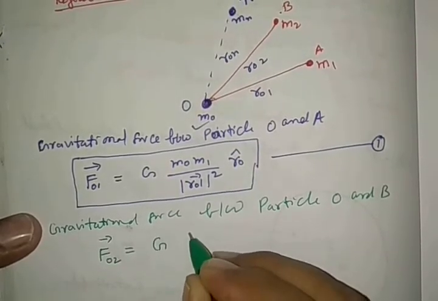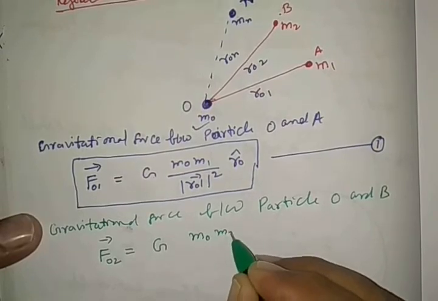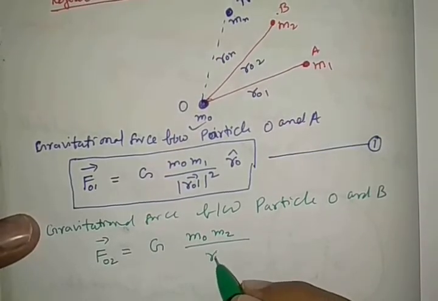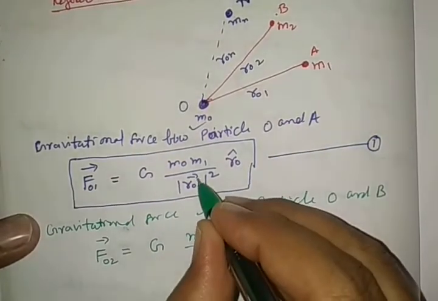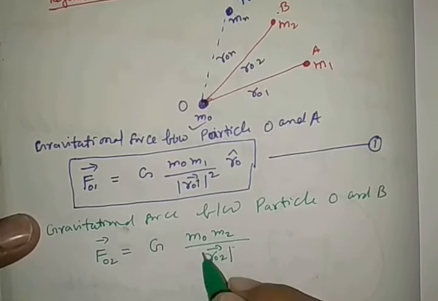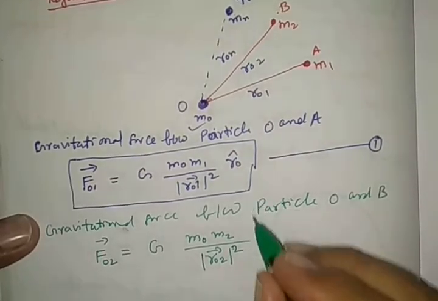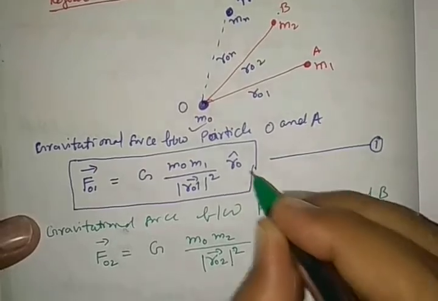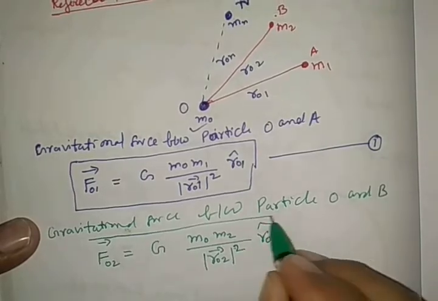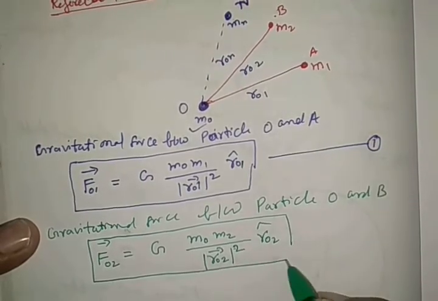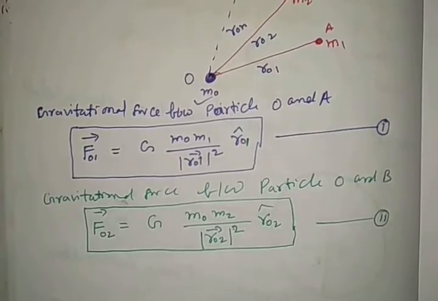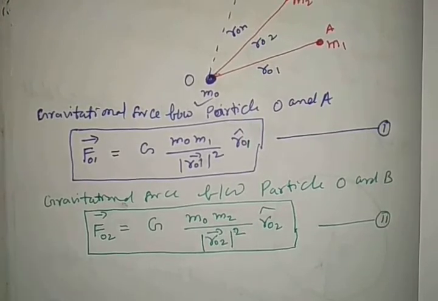This is a vector quantity: G, mass of both, product, by distance between both, r02 magnitude square, into r02 unit vector. See, it is equation number 2.